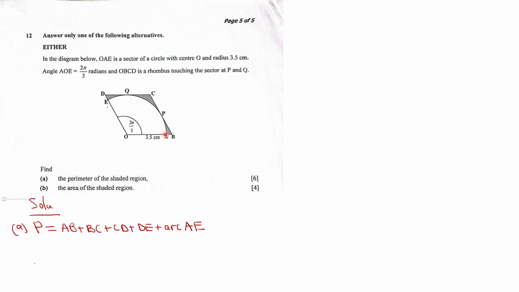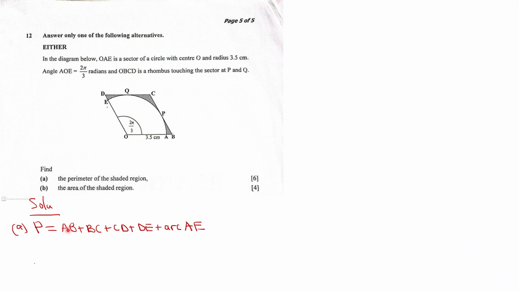Not at all. Because the properties of a rhombus are that all four sides of a rhombus are equal. So that means BC is the same as CD. Immediately we calculate BC, it means we have found CD.